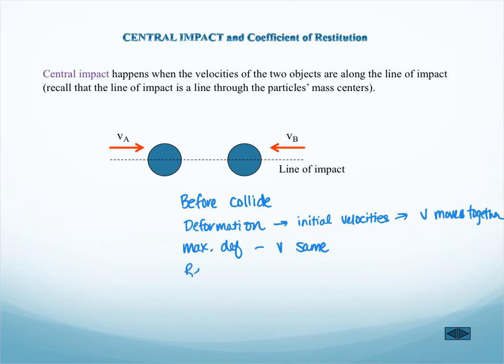Then after that, we have the restitution impulse. And this is where they go to their final velocities. So we're going to look at these steps, and from that we're going to derive the coefficient of restitution.